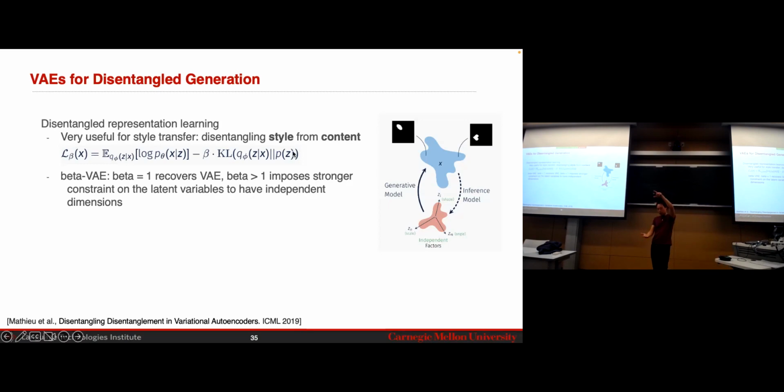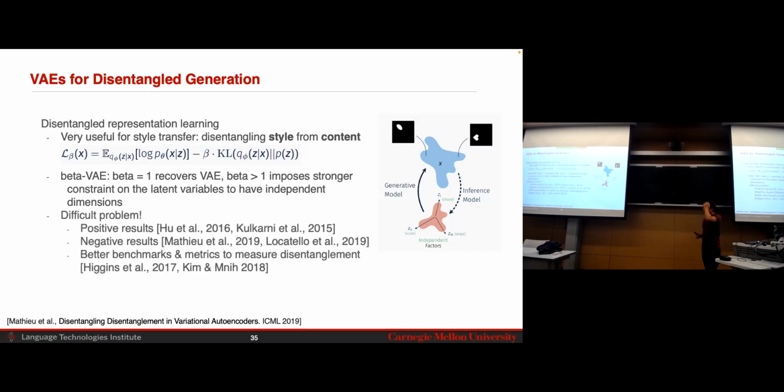Gaussian with dimensions that don't have correlations between each other. But in general, disentanglement is a difficult problem. There's been quite a few positive results, but more recently also negative results, showing that unless you have some domain knowledge or supervision, it's going to be very, very hard to achieve disentanglement.